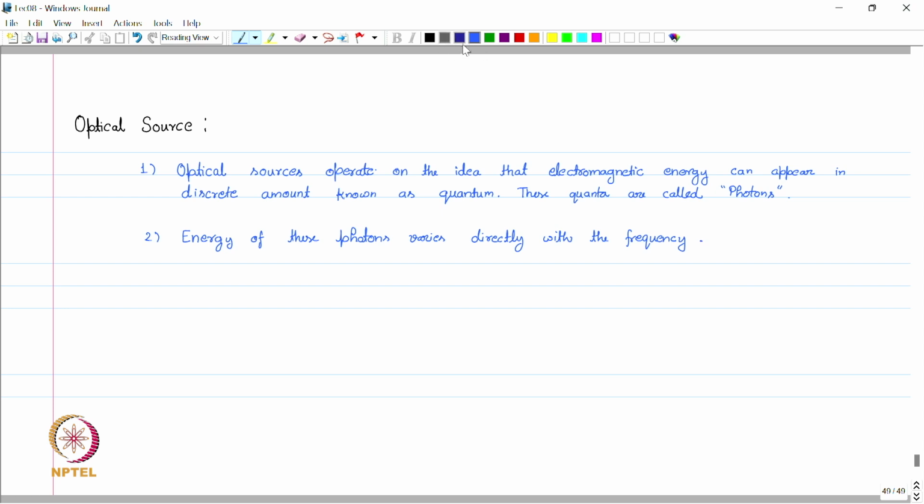And some typical optical sources are, for example, LEDs or the light emitting diodes.